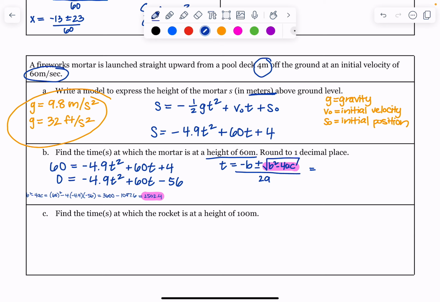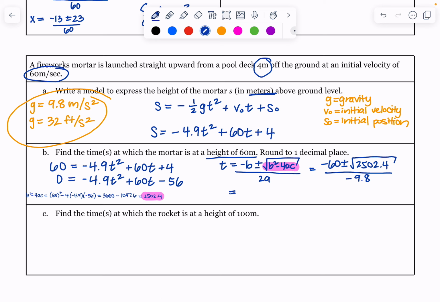All right, so that gives us negative 60 plus or minus the square root of 2502.4 all over 2a, so it would be negative 9.8. And when we simplify that, I'm going to jump over here for space.